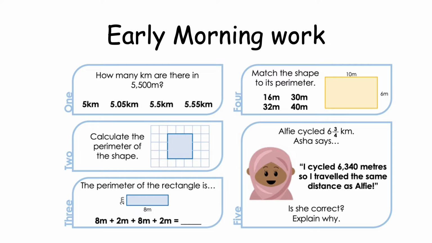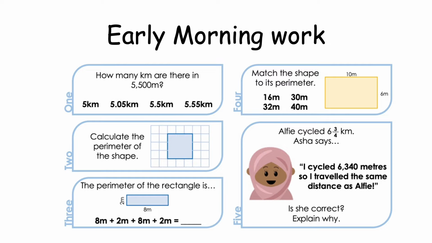Then number 2, you have to calculate the perimeter of the shape. Each square is a centimeter. What shape is it? Do you need to count all the way around, or do you know something about that shape? Number 3, the perimeter of the rectangle is, and you have 2 meters and 8 meters, and you've got all the measurements there, and you've got to just add them up.